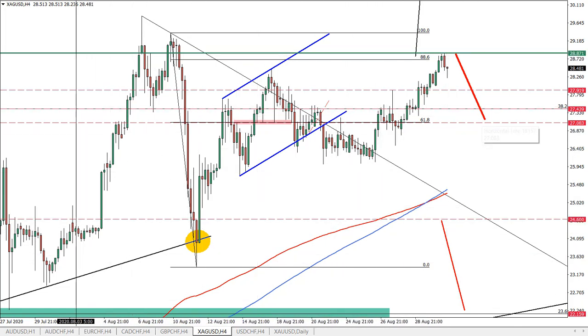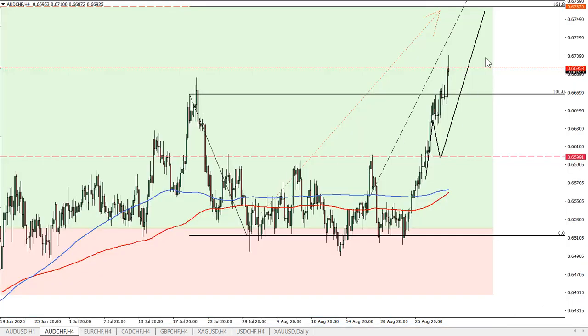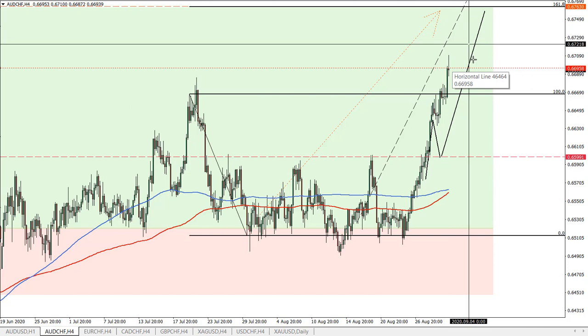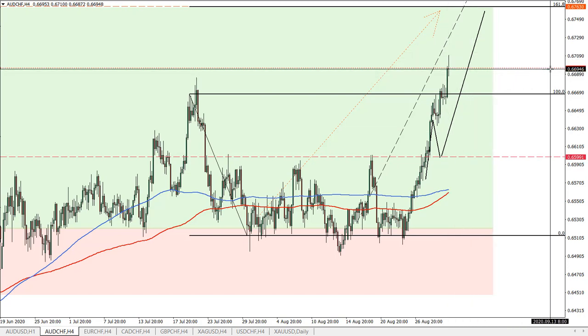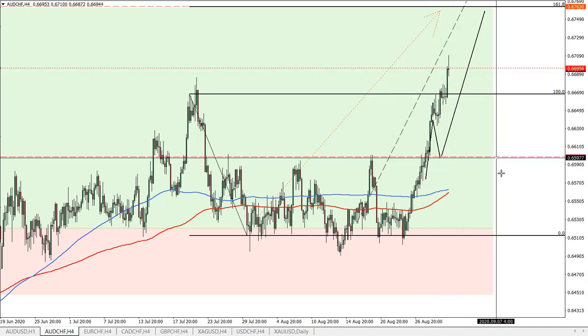Let's move to the older ideas we had. Australian Swiss franc. Here we have reached first resistance, and I think the best is to fix half of the profit or some portion of the profit and place the stop loss at the break even. All in all, the correction to the downside is possible, and this resistance has been tested, so we might be seeing a strong corrective move to the downside.